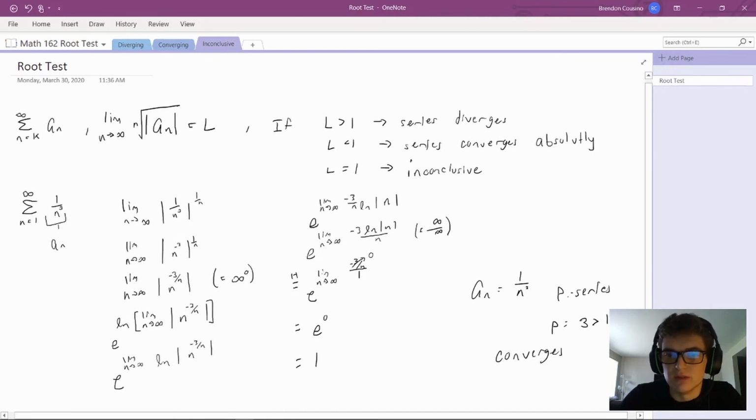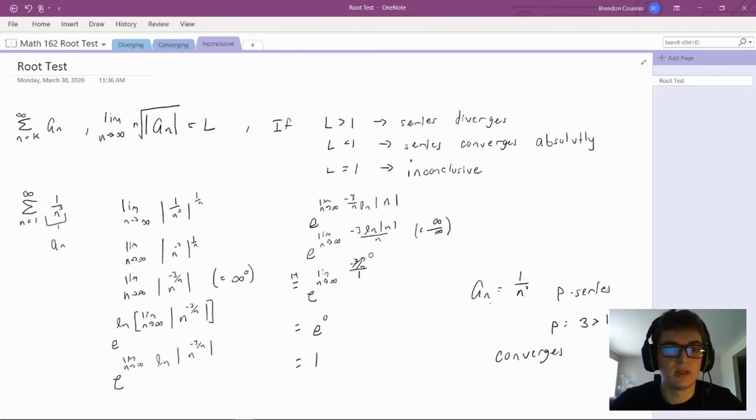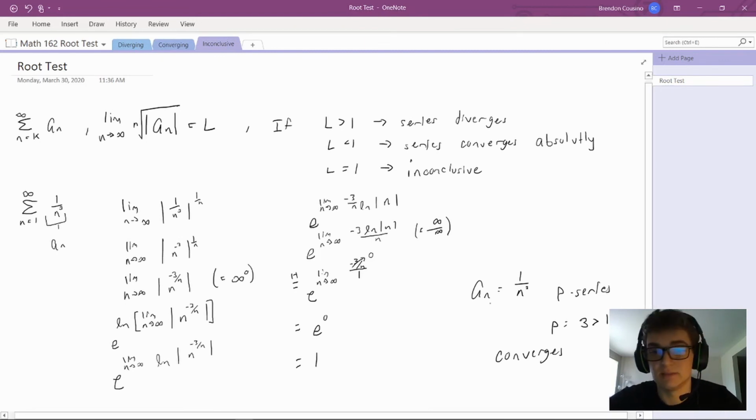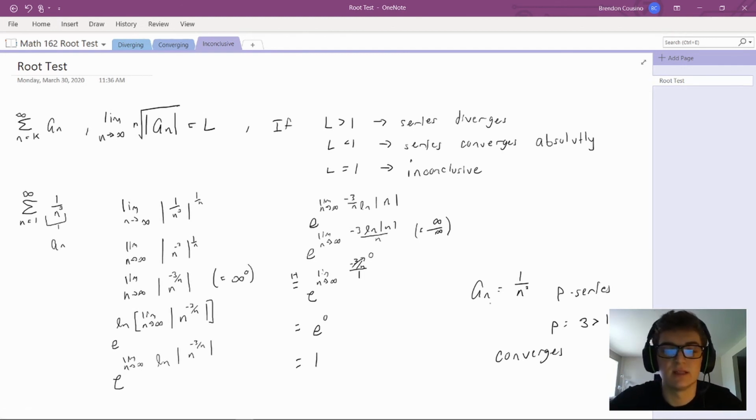So that's why knowing all of your different series tests is really important, because doing the root test for this example ended up being a pretty long step-by-step process to come down to the answer of the root test being inconclusive. But if you're able to look at that right away and say, oh, that's a p series, we're able to just tell that p is greater than 1, so the series converges.